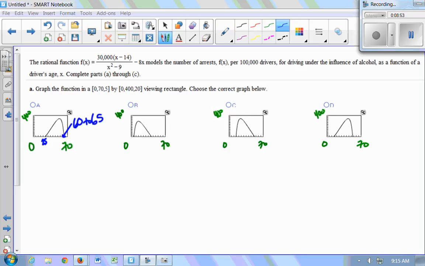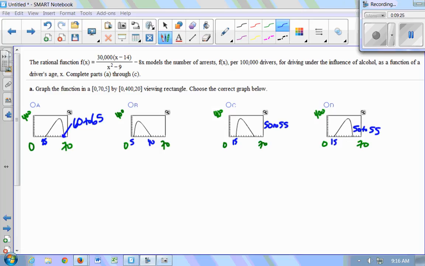Then for this graph, I have a 0 at 5, 10, 15, 20, 25, 30, 35, 40. And this one looks like between 50 and 55. And then this looks the same, 50 to 55.